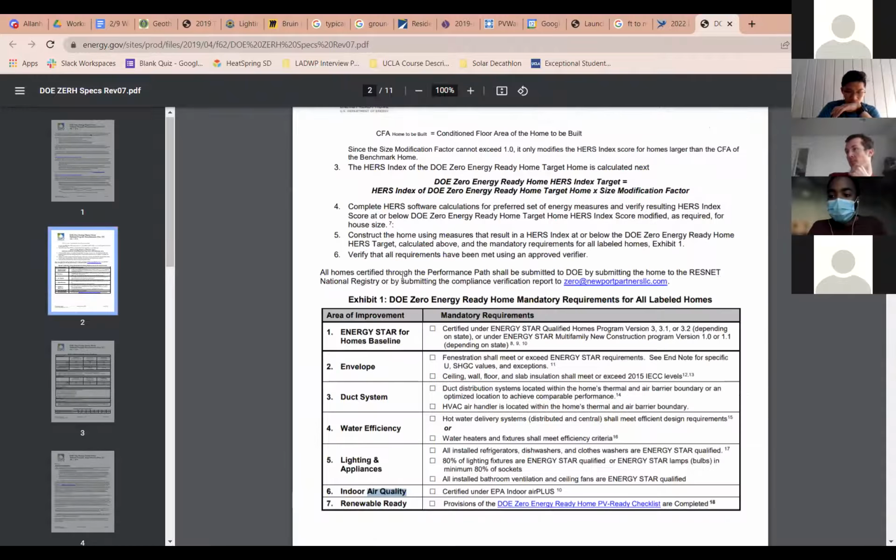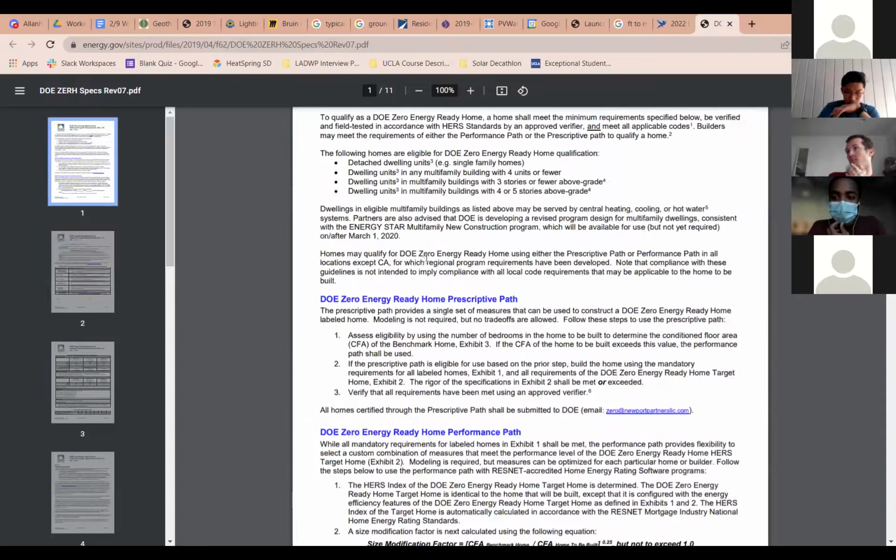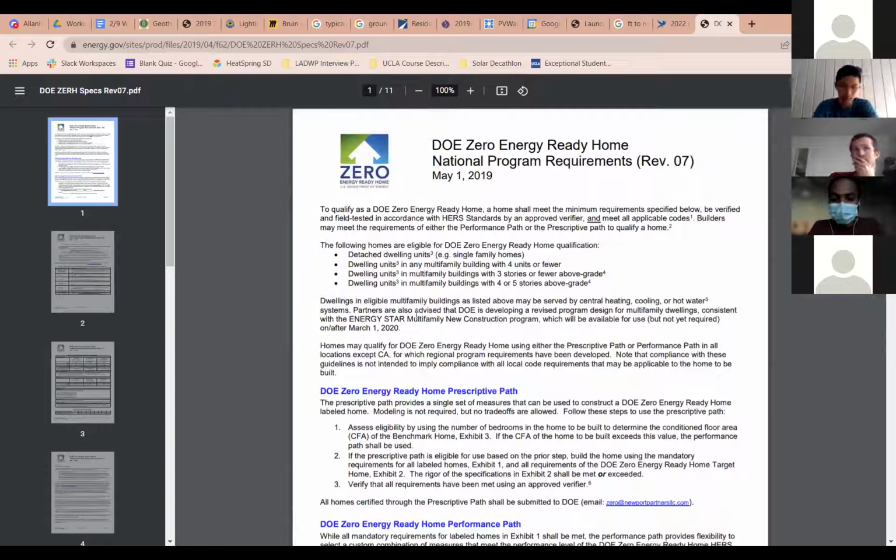What we were unaware of when we first saw this was that it mentions regional requirements for California. This document covers all other states except California.